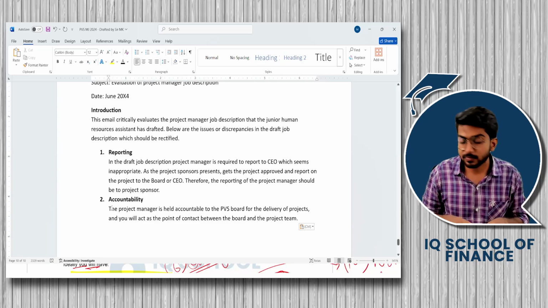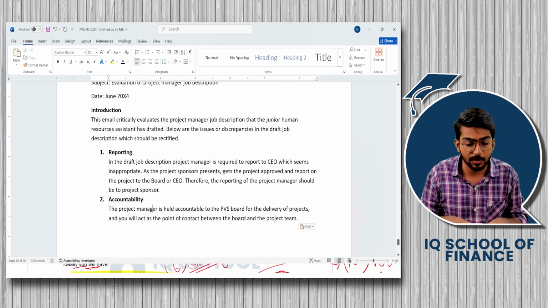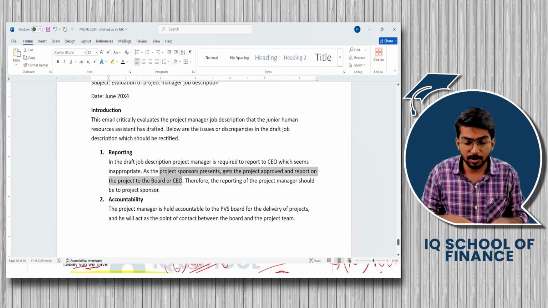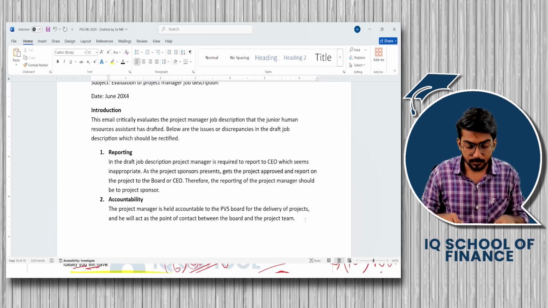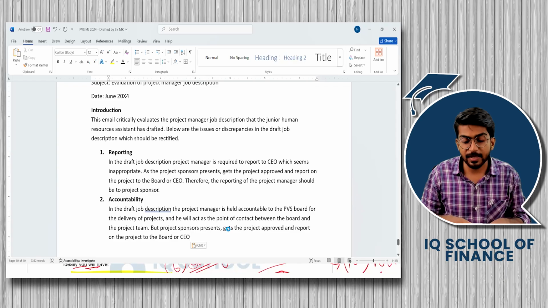So this thing I have copied from the job description, that the project manager is held accountable to the PVS board for the delivery of the project, and he will act as the point of contact between the board and the project team. So from here I will again copy and paste my thing. But usually the project sponsor presents and gets the project approved and reports to the board and or CEO.